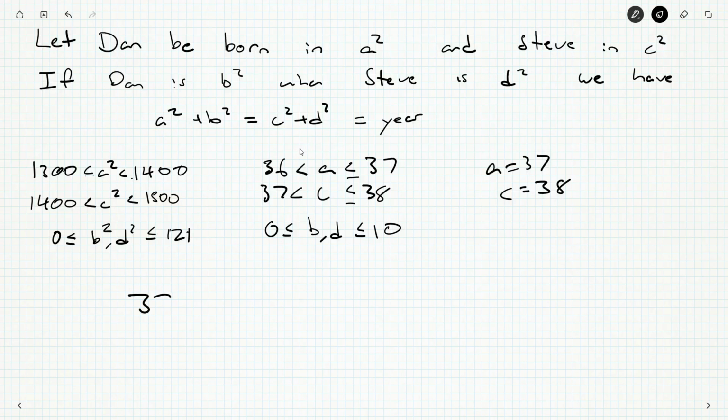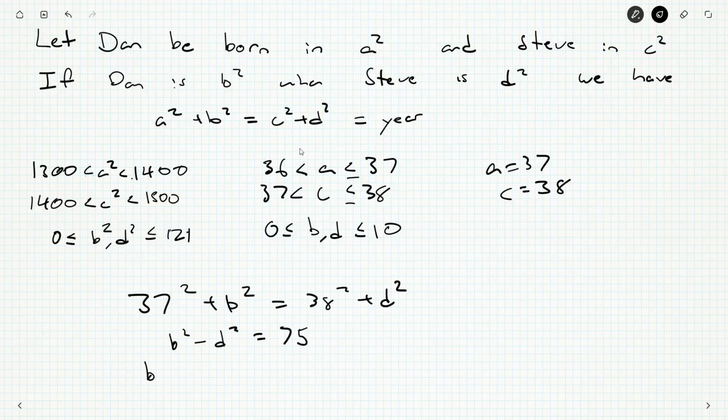So now we've got 37 squared plus B squared is equal to 38 squared plus D squared. Well, we could rearrange and say, what's B squared minus D squared? It's 38 squared minus 37 squared, which is just going to be 37 plus 38, which is 75.